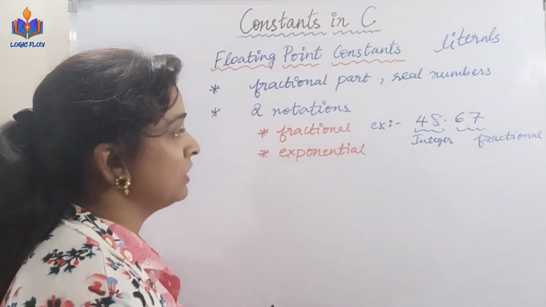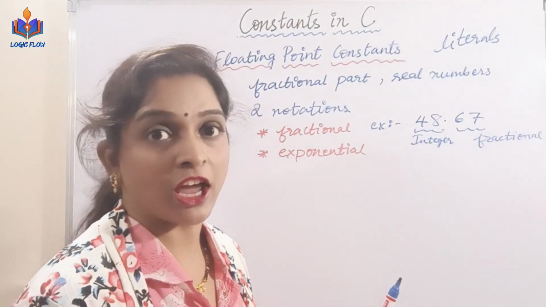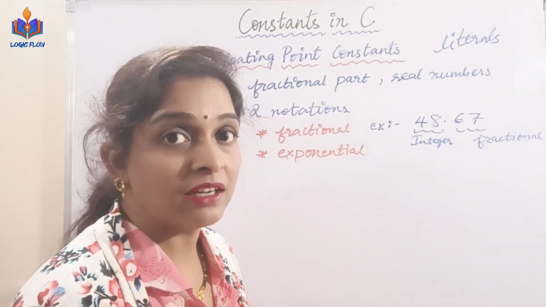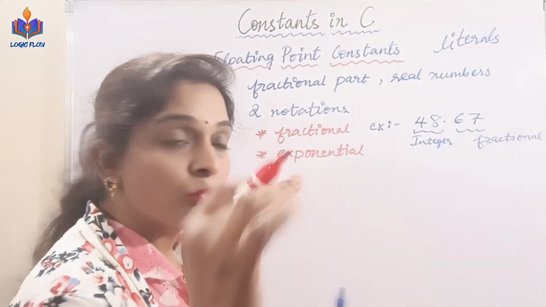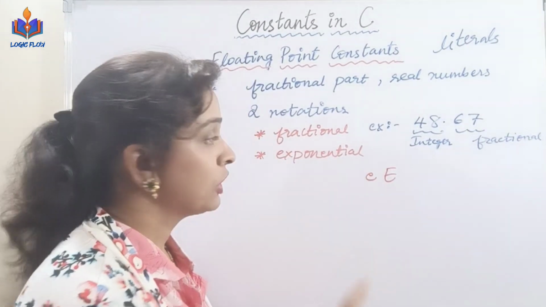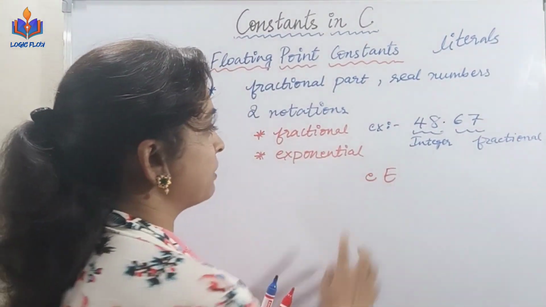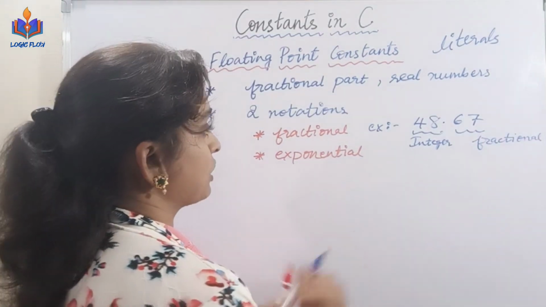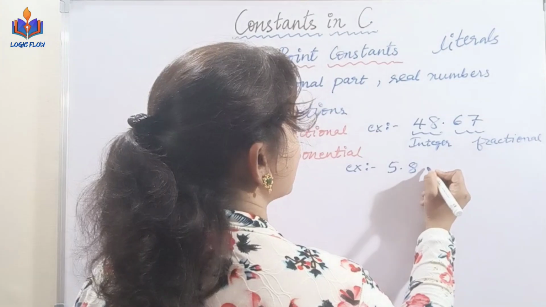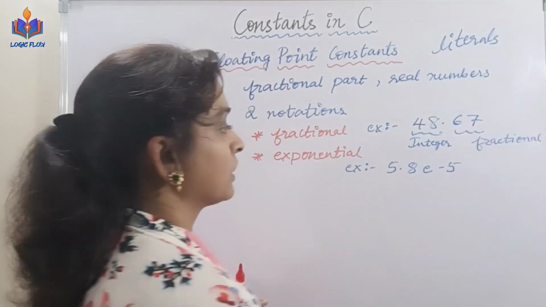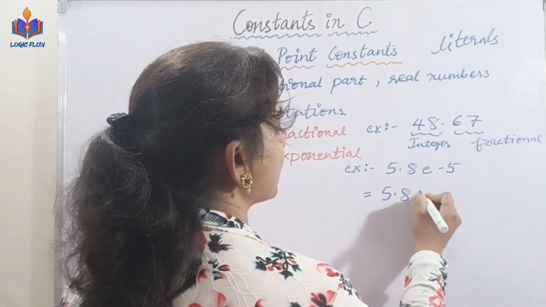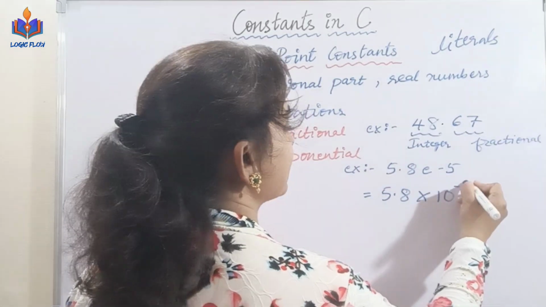For example, if I have a very lengthy fractional number, I can use this exponential notation. To tell the compiler that I have expressed this in exponential, we use the symbol E, small e or capital E. For example, let me write an example for this exponential notation. Say 5.8e-5. This is equal to 5.8 times 10 to the power of minus 5.